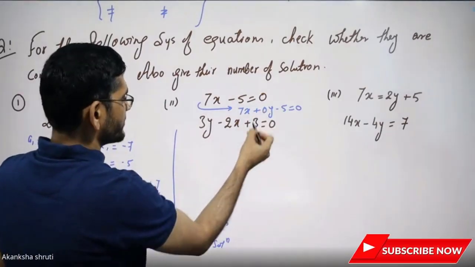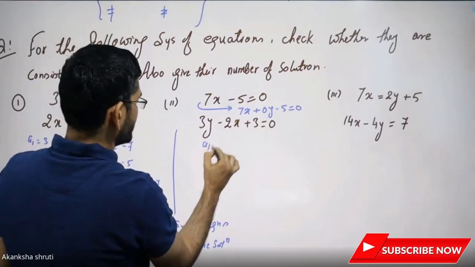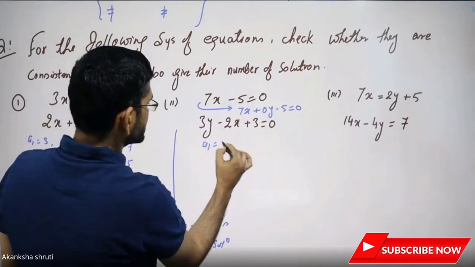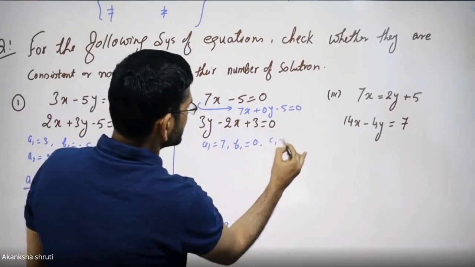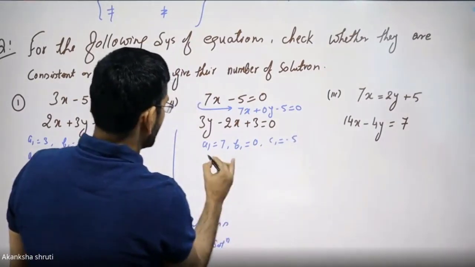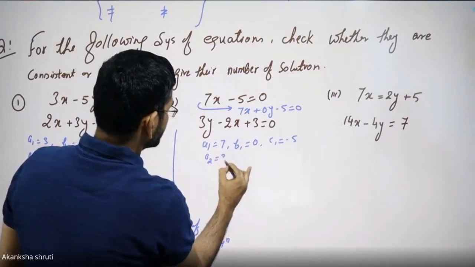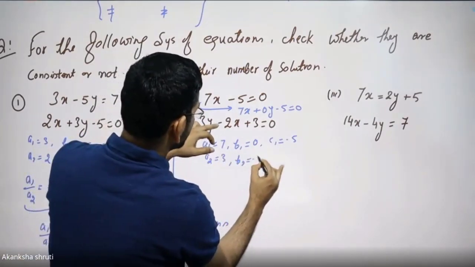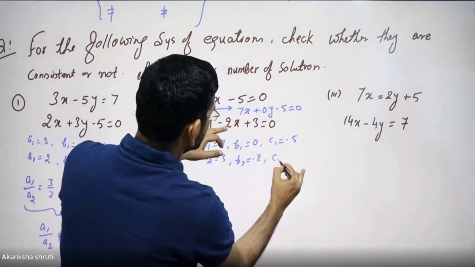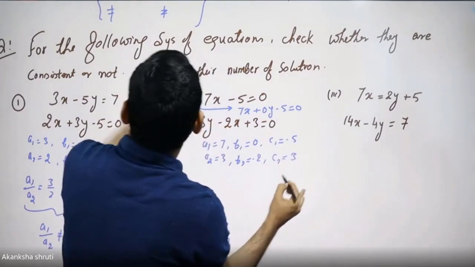So we need to compare these two. Here our a1 is 7, b1 is 0, c1 is minus 5. a2, from the second equation, is 3, b2 is minus 2 and c2 is 3.